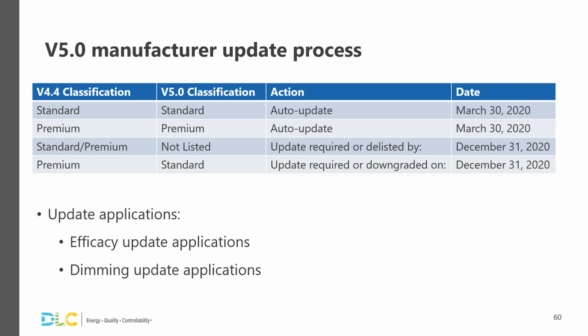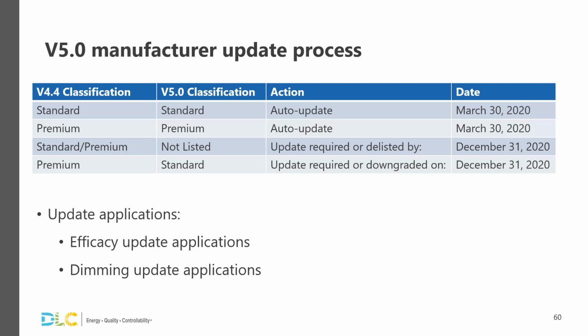However, if products are currently listed as version 4.4 standard or premium and do not meet the version 5.0 requirements, those products will remain on the QPL until December 31st of 2020, unless you update those products to version 5.0.